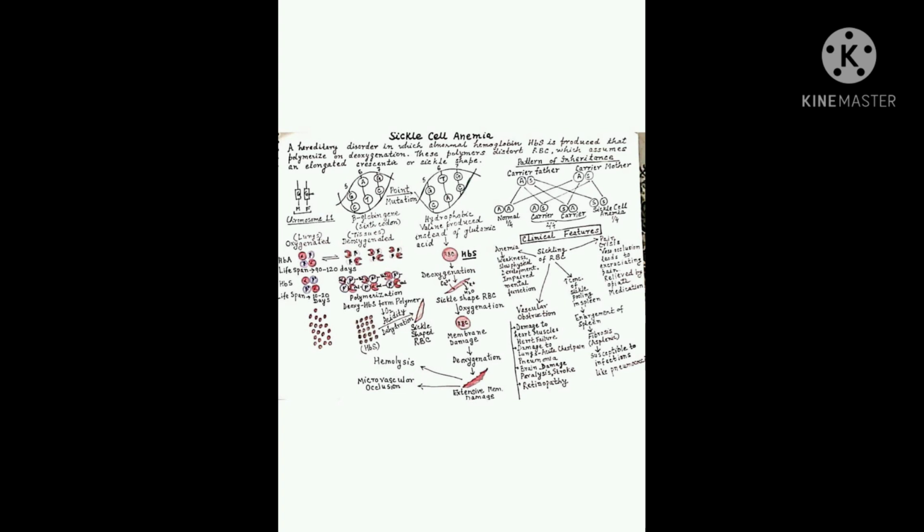And these polymers distort RBC, which assumes an elongated, crescentic or sickle shape. और polymerization की वजह से जो RBC है उसका जो structure है वो distort हो जाता है and the RBC becomes sickle shaped. So this type of anemia is called as the sickle cell anemia.